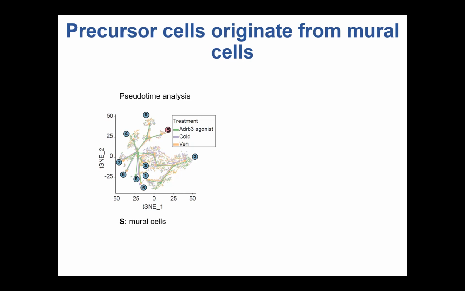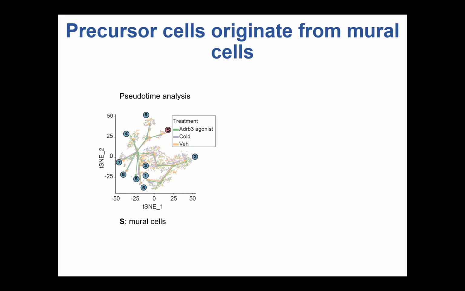We found that one single population was able to give rise to multiple cell lineages. This population was mural cells, which is consistent with previous reports suggesting that mural cells can give rise to multiple subpopulations.